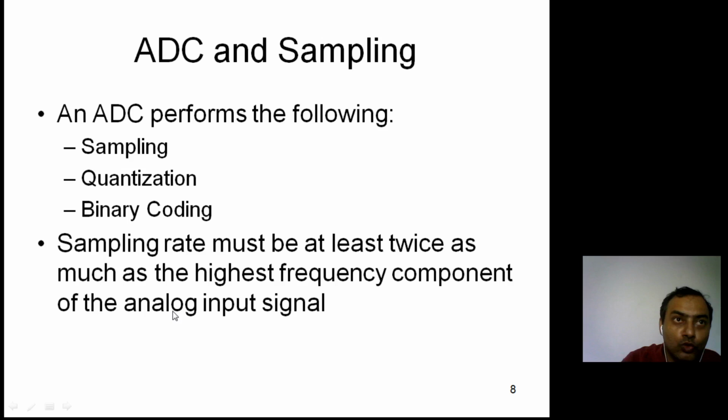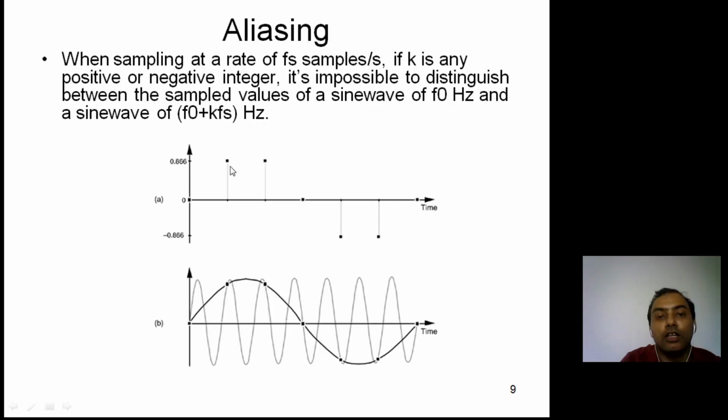Aliasing, how does aliasing happen? When the sampling rate is fs samples per second, where fs means sampling frequency, and k is any positive or negative integer, it is impossible to distinguish between the sampled values of a sine wave of f naught hertz and a sine wave of f naught plus k fs hertz. So suppose this is a signal in digital form.